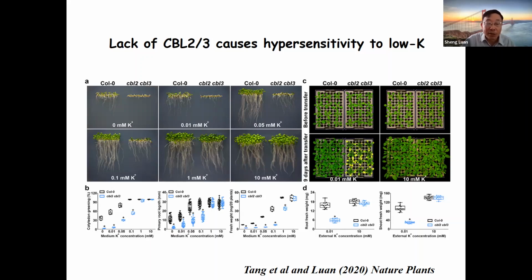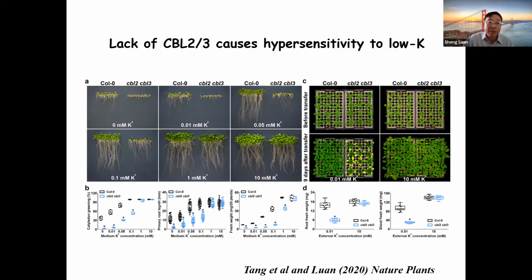Naturally, you need all the minerals, and those minerals come from the seed storage. So the germination assay suggests that if CBLs are important for potassium remobilization from the seed vacuole, then the mutant would not germinate very well without an external supply of potassium.